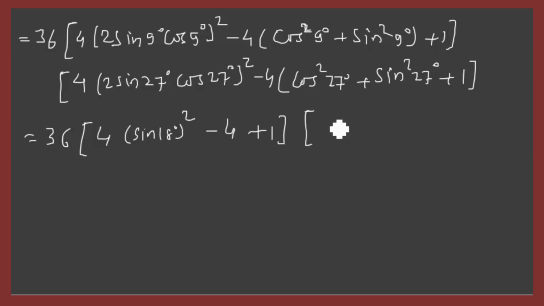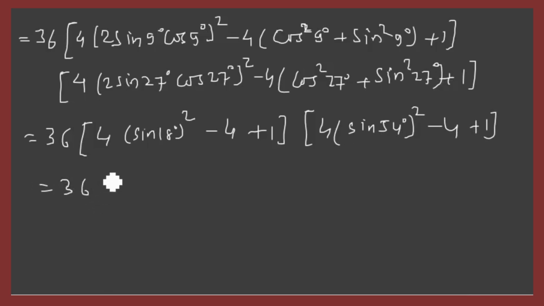For this bracket, 4 and 2 sin A cos A is sin 2A, so sin 54 the whole square, and minus 4 again, here this value is 1, and plus 1. Now we can write this as 36 times 4 sin square 18 degree, minus 3.